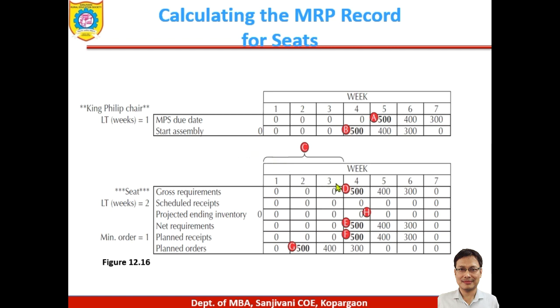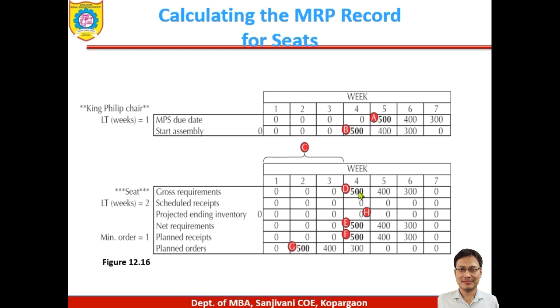Let's take the first sub assembly of the chair which is required, the seat. We need to have seats on week number 4, given by the letter D in the red circle. Since we have seen in the product structure that producing a seat takes 2 weeks, if the gross requirement is 500 seats on week number 4, we need to plan the ordering of the seats 2 weeks prior.